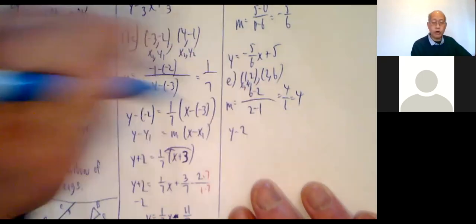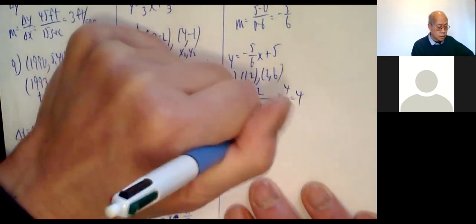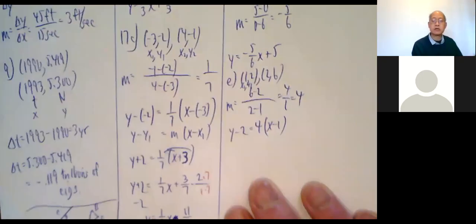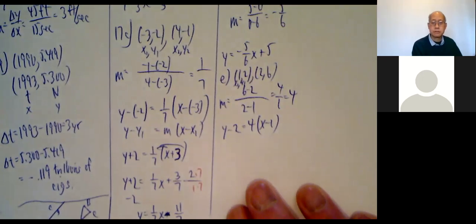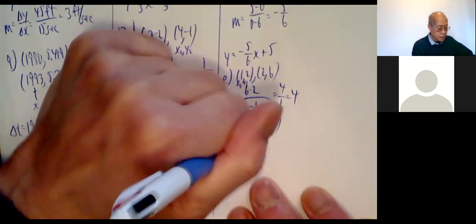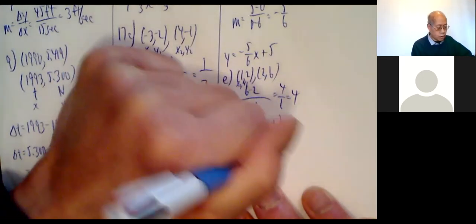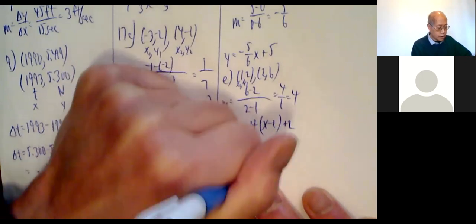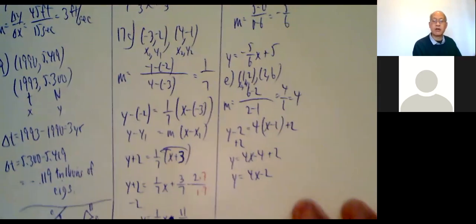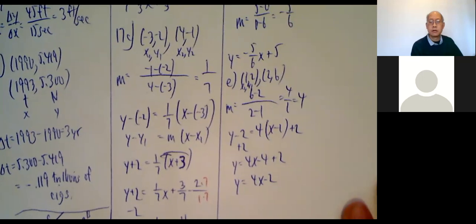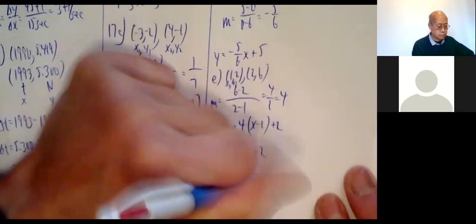So y minus y1 equals m times x minus x1. Okay, clean it up. Add 2, add 2. Y equals 4x minus 4 plus 2, or y equals 4x minus 2, final answer. Okay.